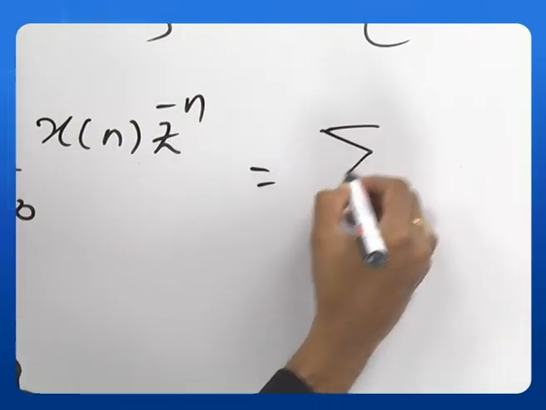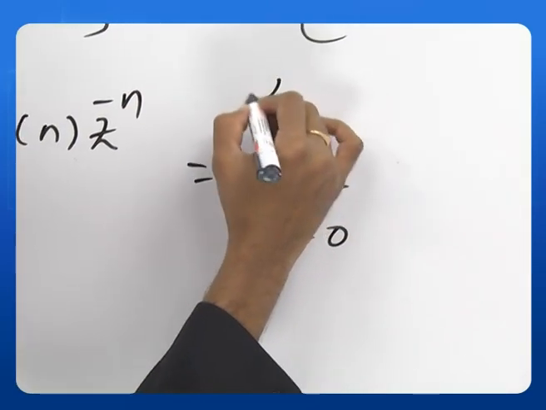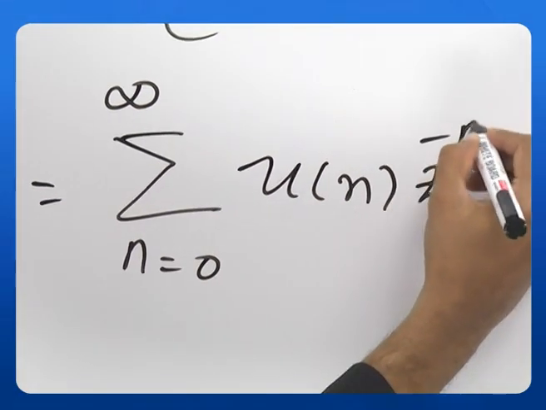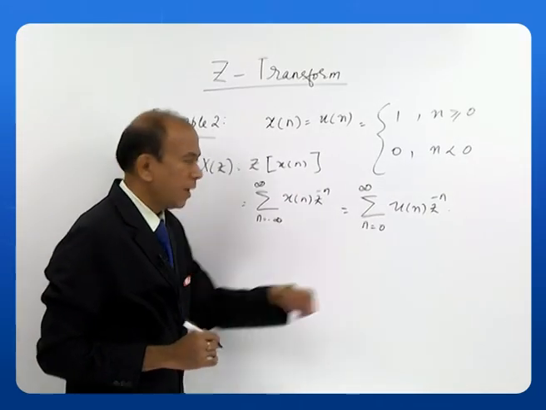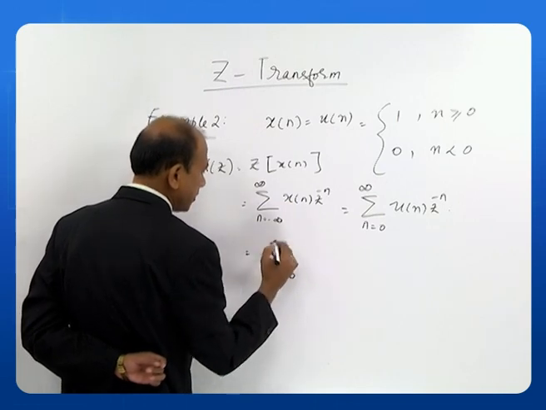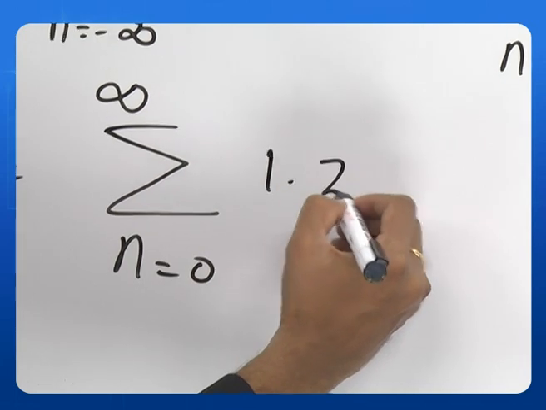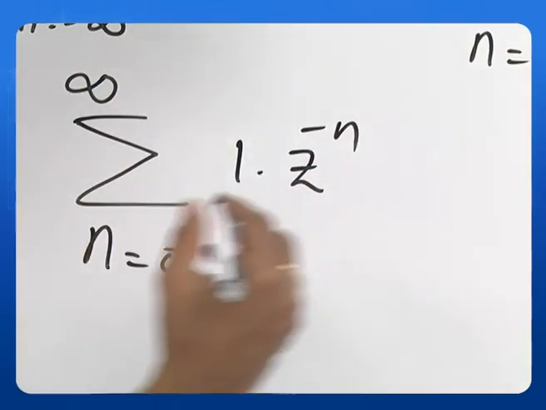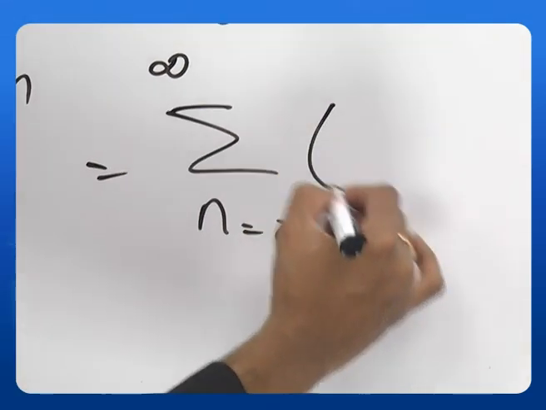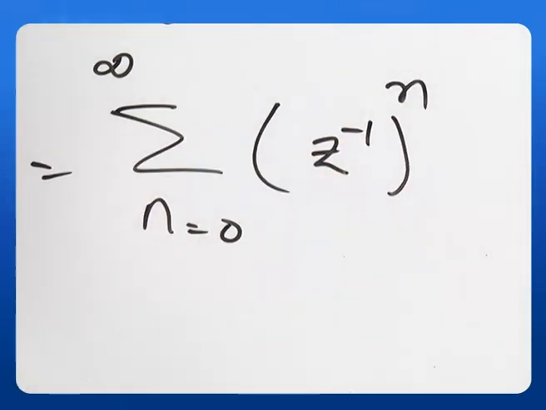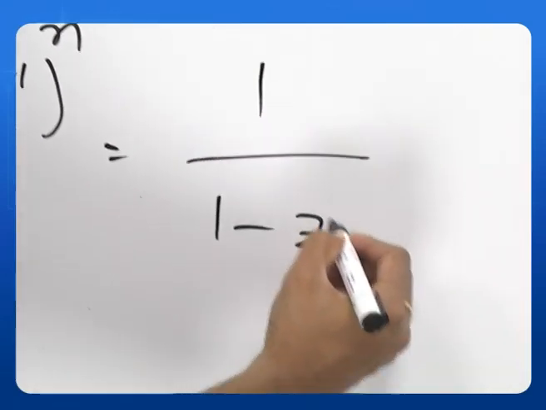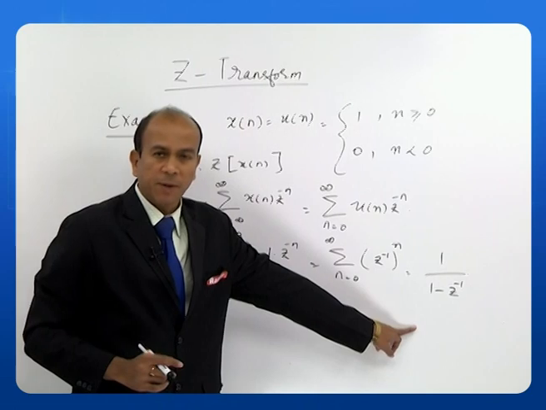So, the summation will be from n equal to 0 to infinity of u of n z to the power of minus n. I can write this as summation n equal to 0 to infinity of 1 times z to the power of minus n. I can rewrite this as summation n equal to 0 to infinity of (z to the power of minus 1) to the power n. So, this is equal to 1 by 1 minus z to the power of minus 1.